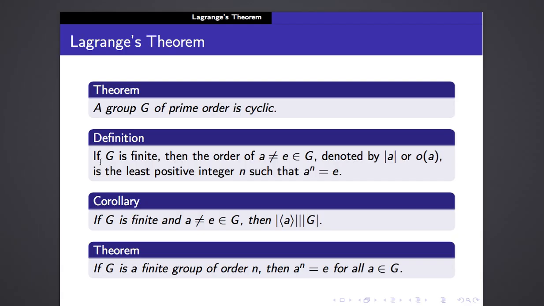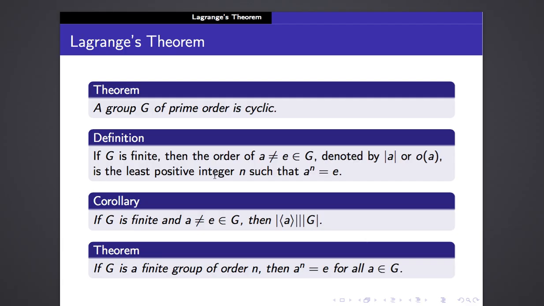Okay, so here's a definition. If G is finite, then the order of an element which is not the identity is denoted by this notation or this notation. Actually, I'm going to stick to the first notation here, to be consistent with the notation I have been using.